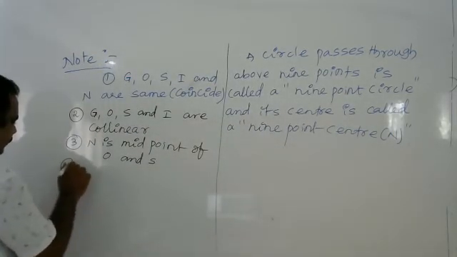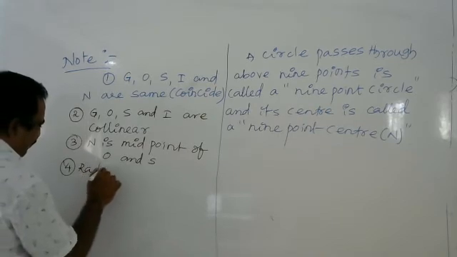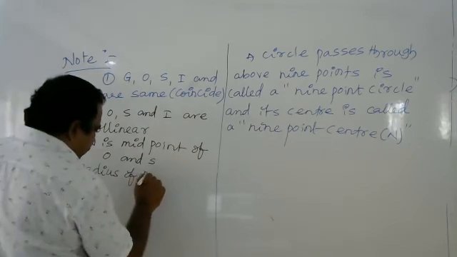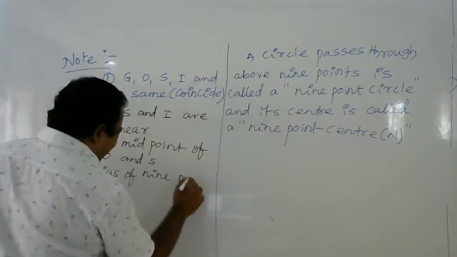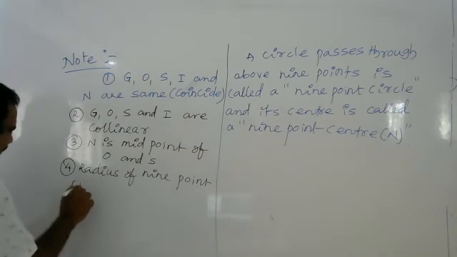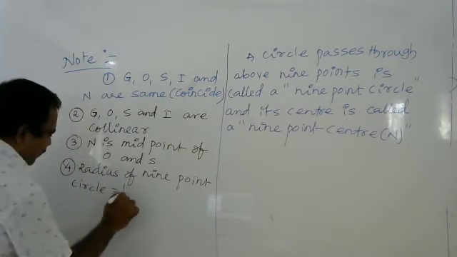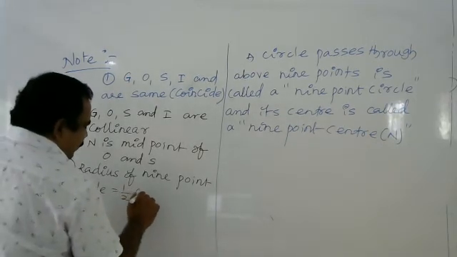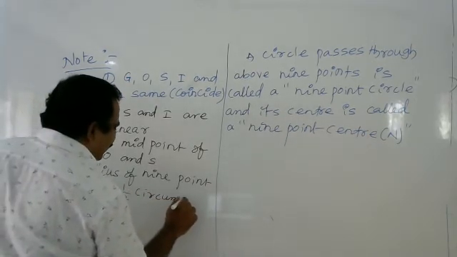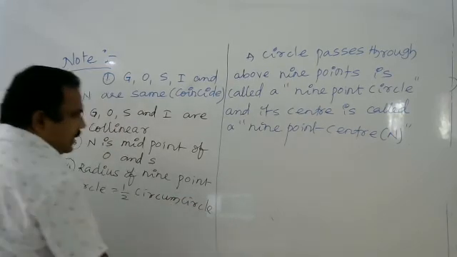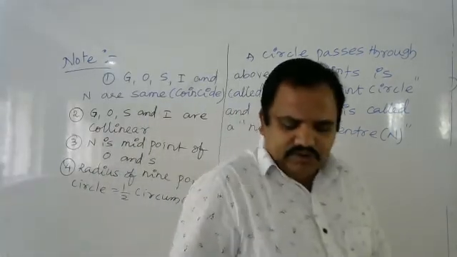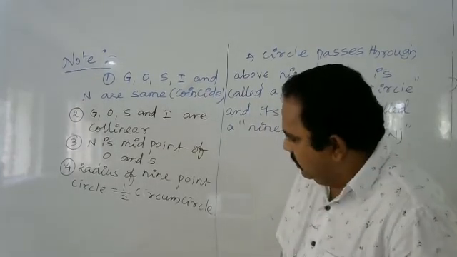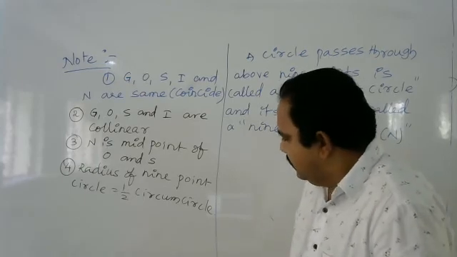One more point: the radius of the 9 point circle is equal to 1 by 2 the radius of the circumcircle. So that you can note.